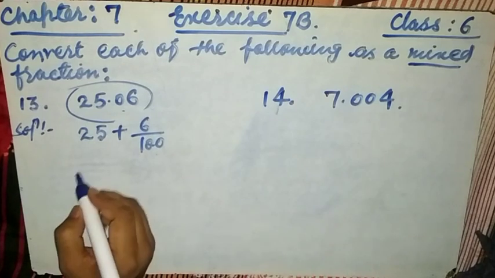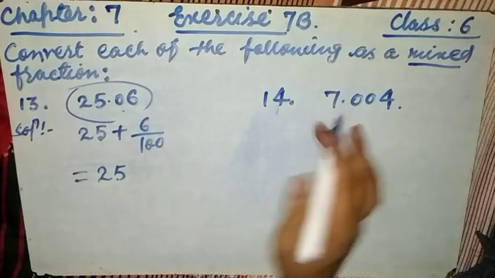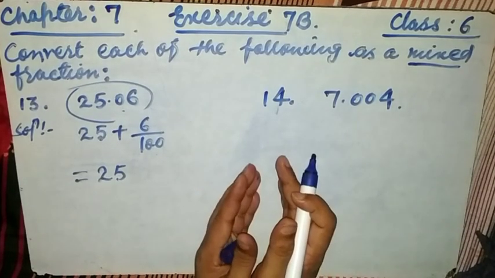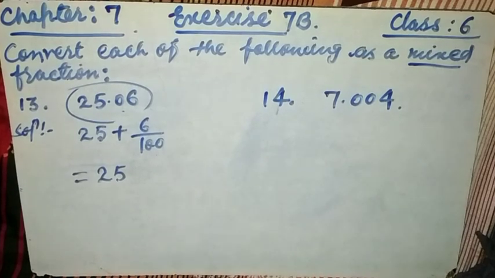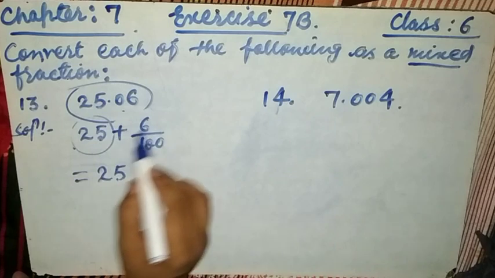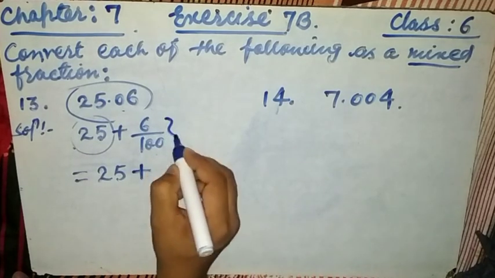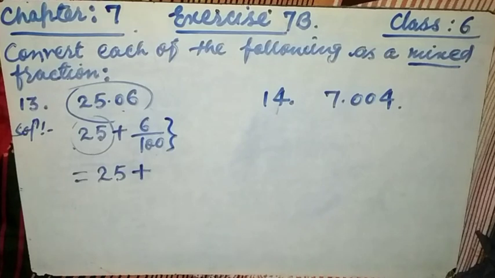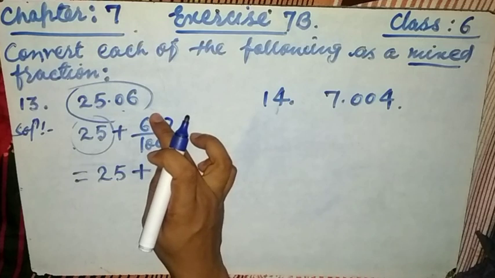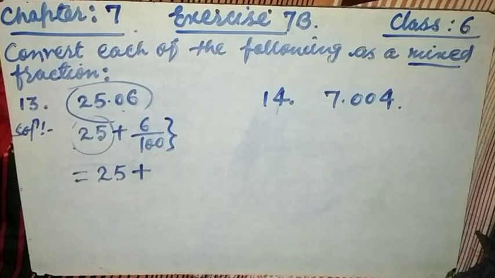Now see friends, 25 stays as it is, because we know that a mixed fraction is nothing but the sum of a natural number and a proper fraction. But here we have 25 and 6 by 100, and this is not in simplest form, and we have to make the fraction simplest. The HCF of 6 and 100 is 2.